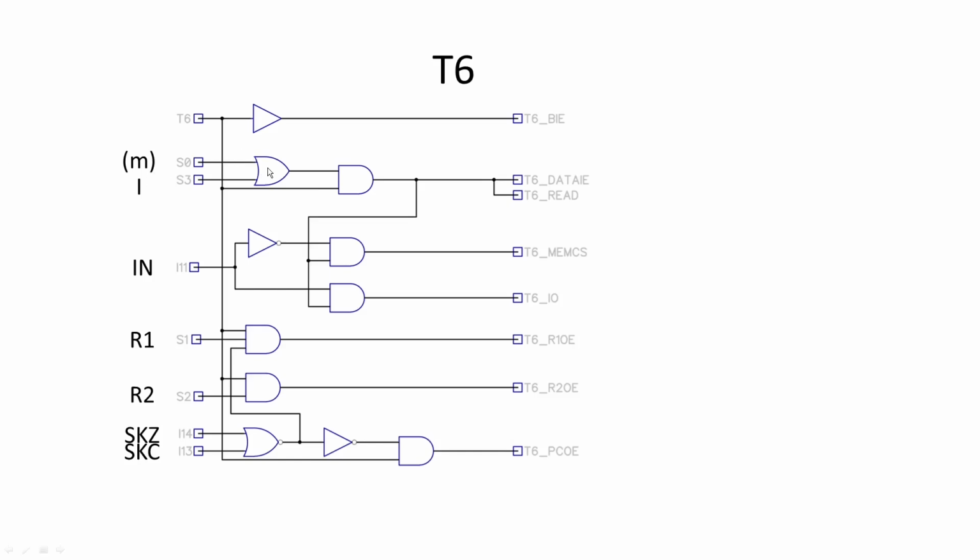When that's on, and we've got T6 on, then we're going to do a data input and a read. So we're coming in from memory, so that the external data bus is connected to the internal data bus to read outside data in, and we're doing a read, and that signal feeds down to these 2 AND gates as well.